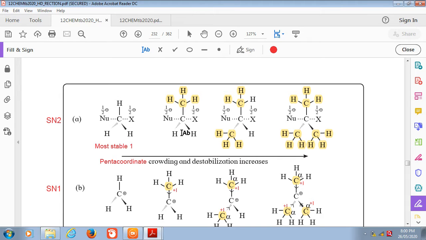So primary alkyl halide favors the Sn2 reaction and not the tertiary alkyl halide.